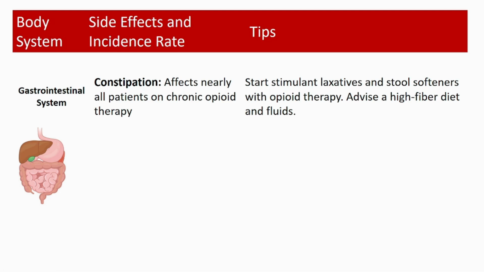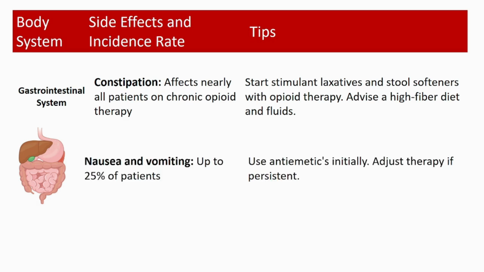As long as the patient takes the opiate, the patient may experience constipation. Nausea and vomiting can develop tolerance after some time, so using an antiemetic initially is sometimes necessary.